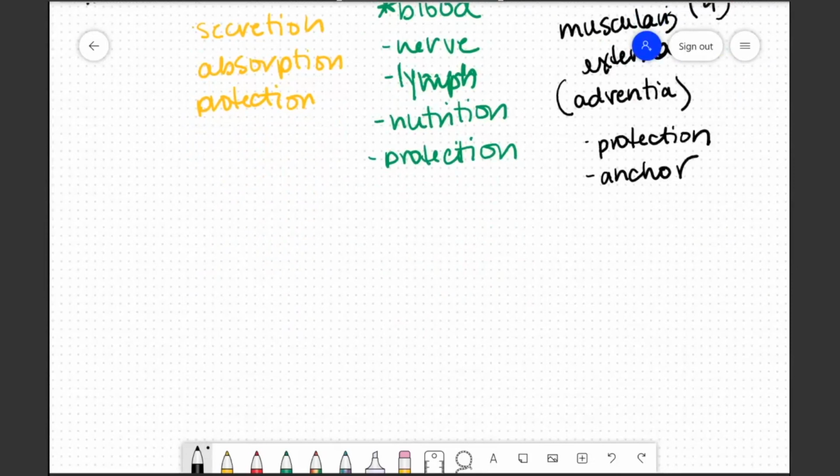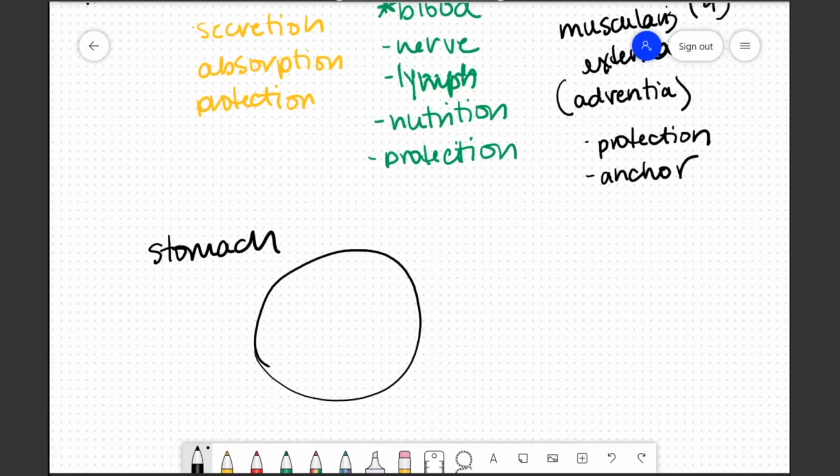So when you're looking at those, please keep in mind that you are looking at a structure that is going to have a lumen. So if you are looking, let's say, at the stomach, and you're looking at all of these images, this is going to be, let's say this is your circle slide.